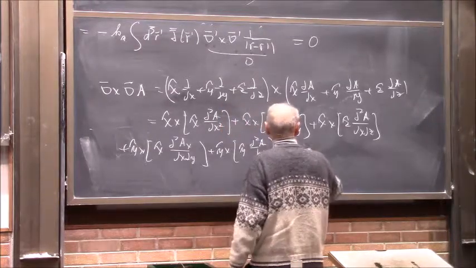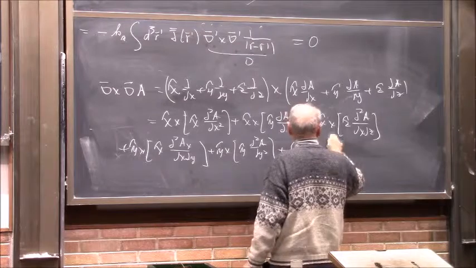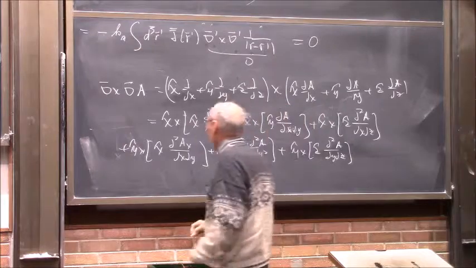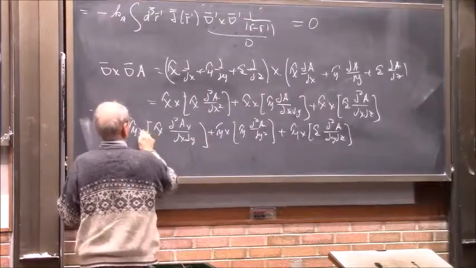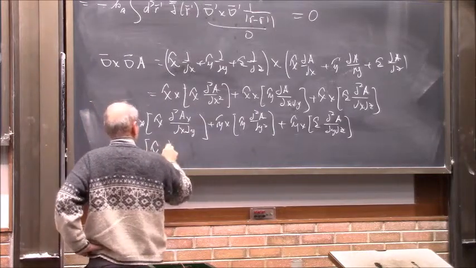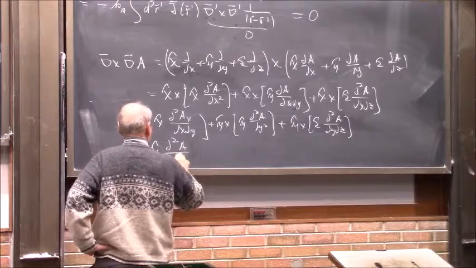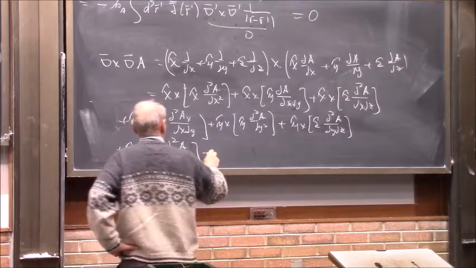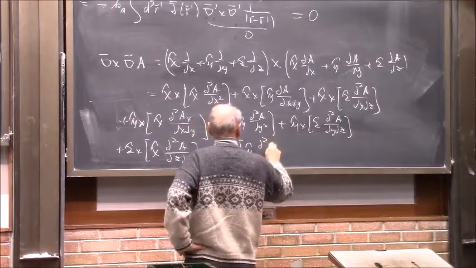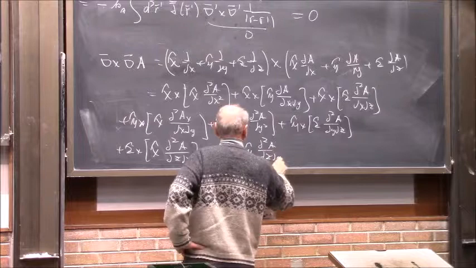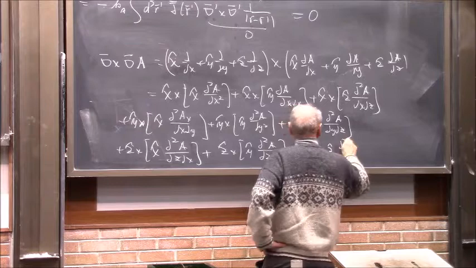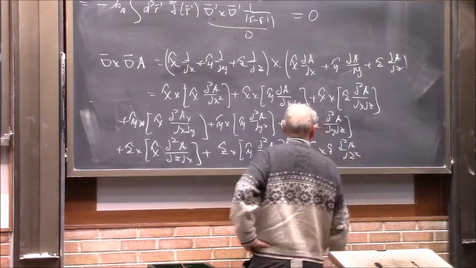And then y hat cross does nothing to z, d squared A dy dz. And then you do the same thing for z. And you get z hat cross d squared A dz dx plus z cross y d squared A dz dy plus z cross z d squared A dz squared.